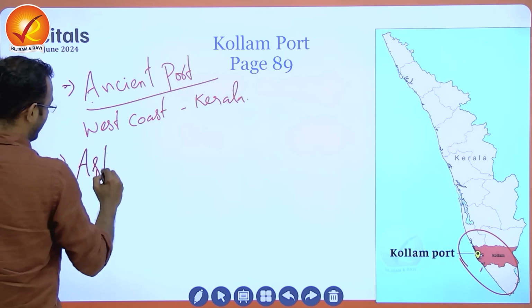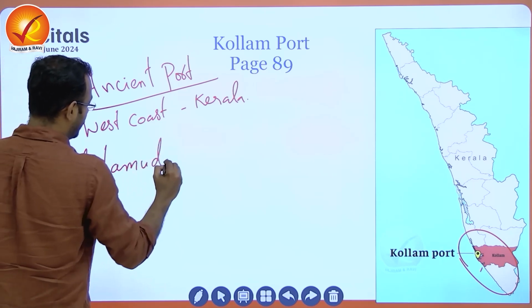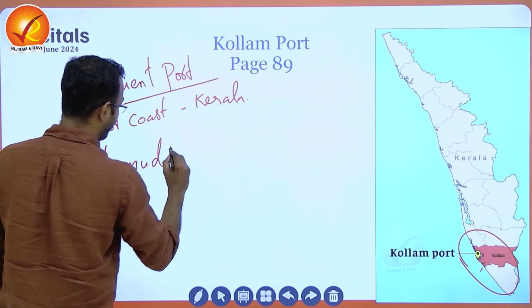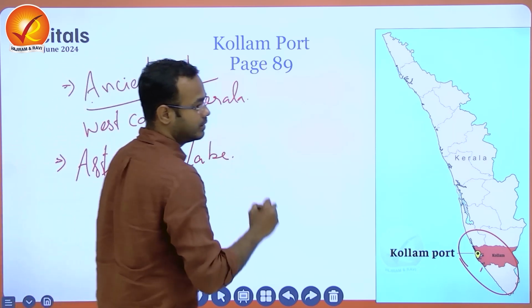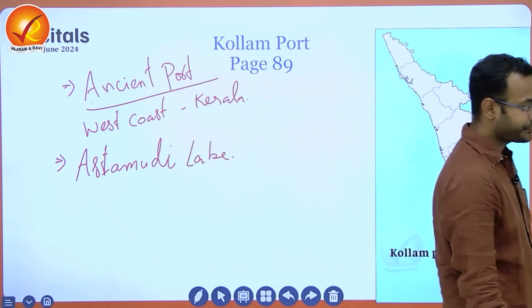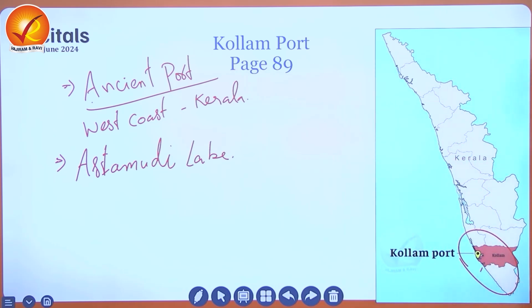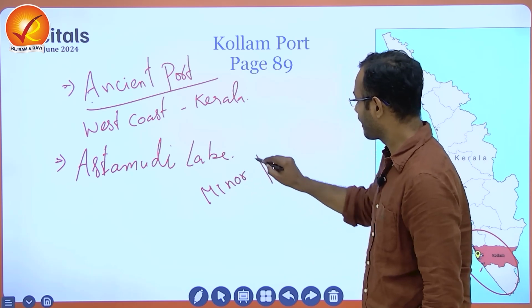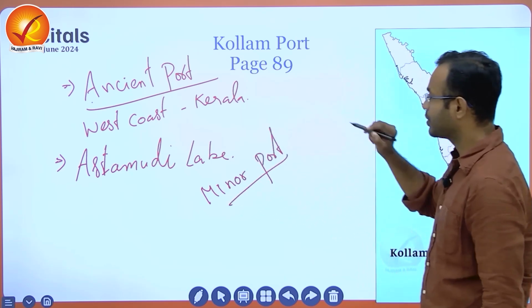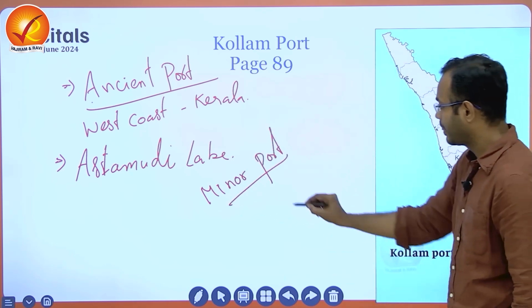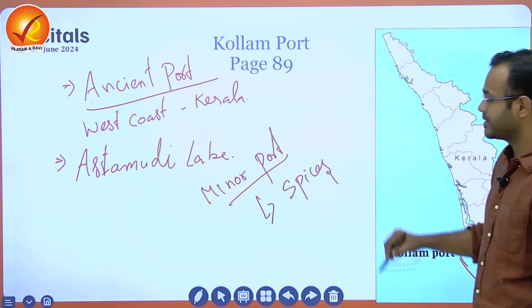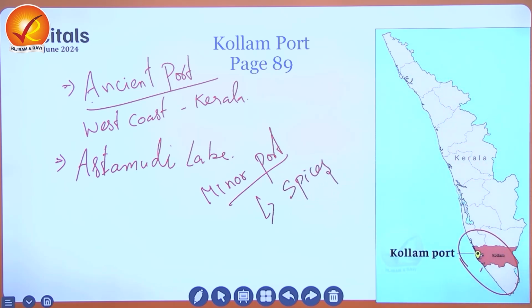Geographically speaking, the Kollam Port is present near Ashtamudi Lake, and it's also a minor port of Kerala, especially engaged in trading of spices.